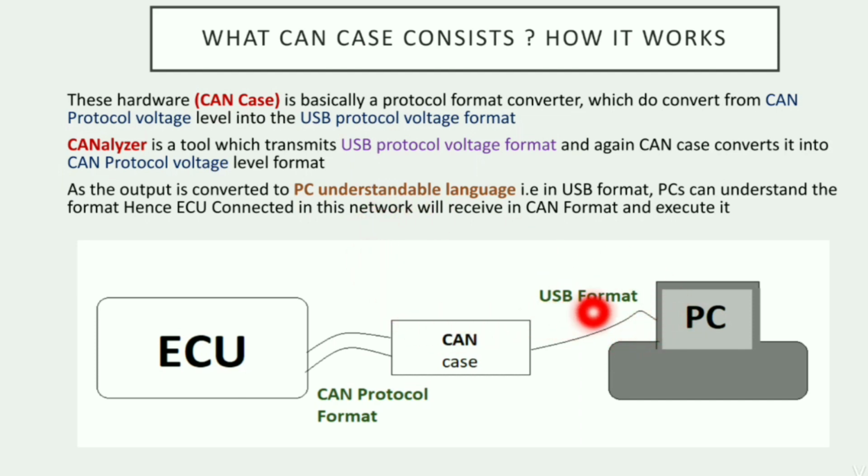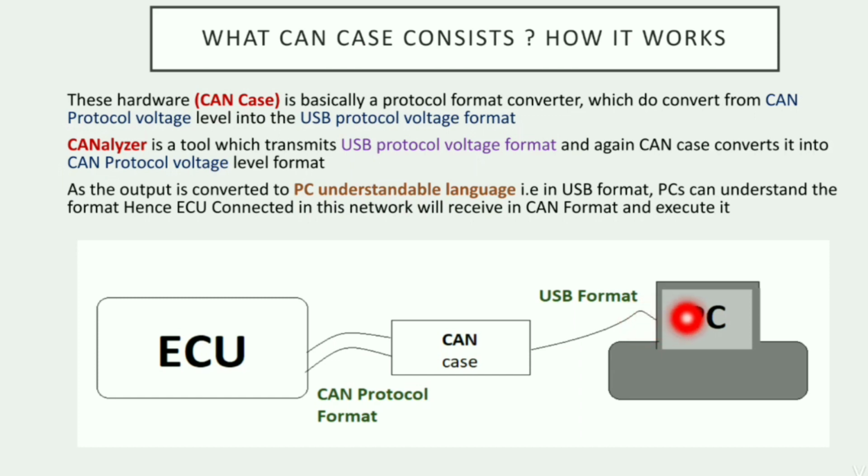It's the same for pictures, songs, everything. If we have data in the form of pictures or songs, it will convert into the USB format, and again the PC will decrypt it. In the same way, the CAN protocol format is converted into the USB format, and then it can be read.